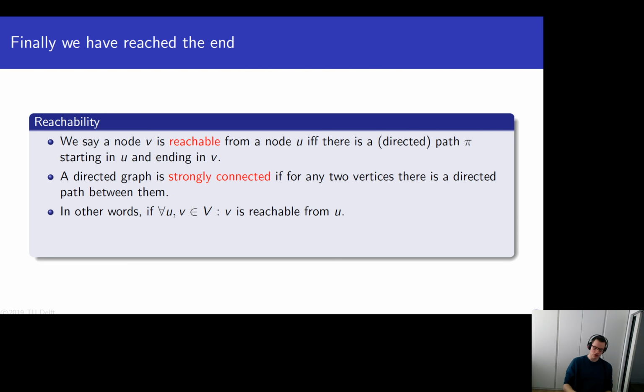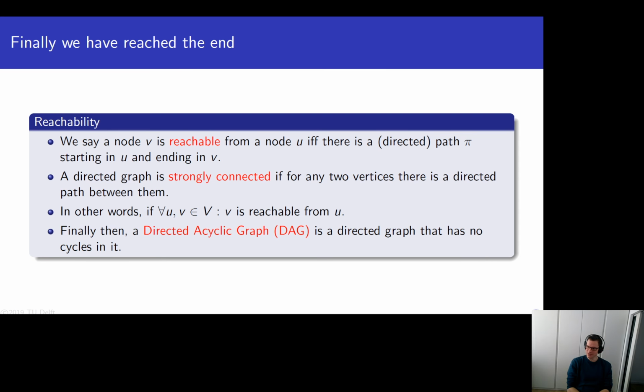So reachable means I can get from a node to another node. Doesn't have to be directly, could be, but it could also be indirectly, right? There's a path from U to V. And strongly connected for a whole graph means that any pair of vertices is reachable from one to another. So between any pair of vertices, there is a path between them.